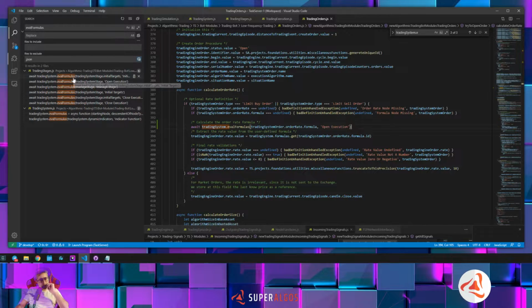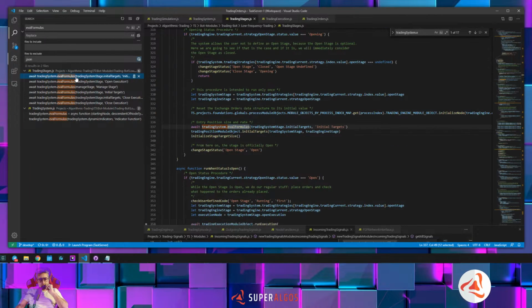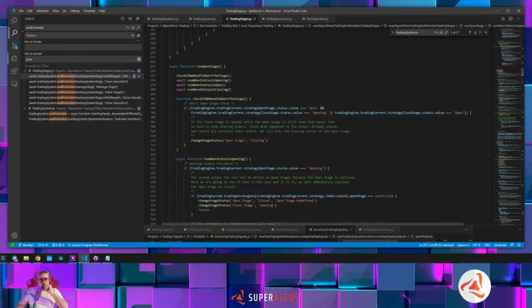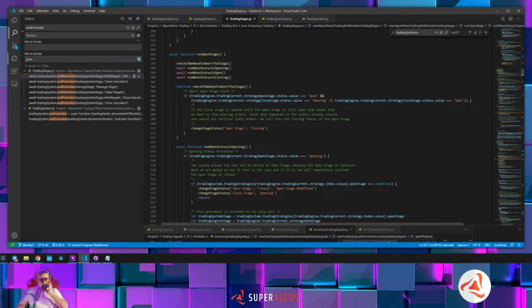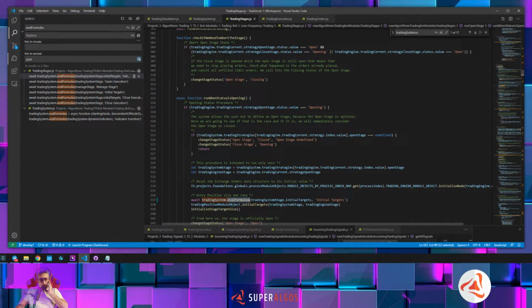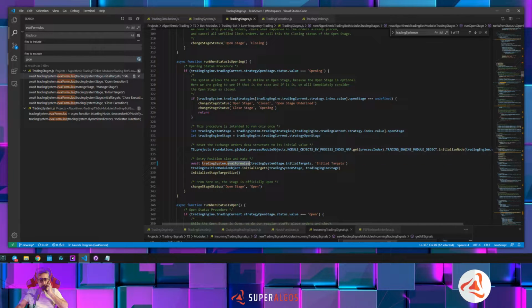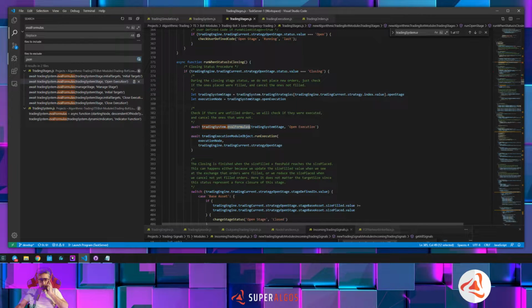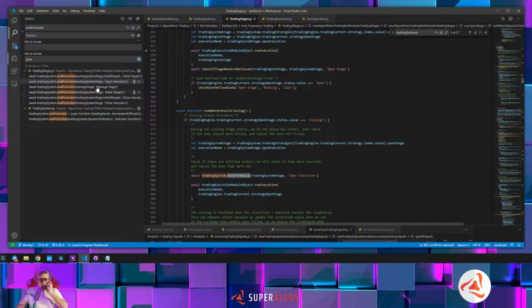Okay, so we already did the first one at the take position. No, that was not at the take position. At the take position, we remove it. At the open stage, we did the initial targets. At the open execution, no. Okay, the next one we remove it, and the next in the list is this one, run with status is closing.